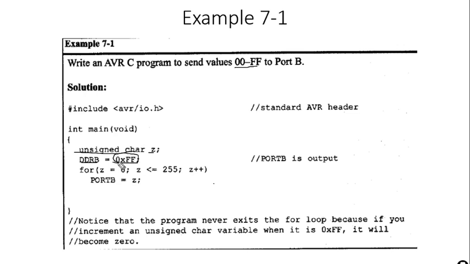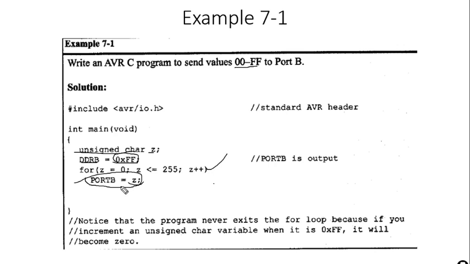We have selected port B and configured it for output. Then the next for statement is a loop, and we run the loop 255 times, and simply PORTB = Z will accomplish what is required, which is sending the values one by one to port B.